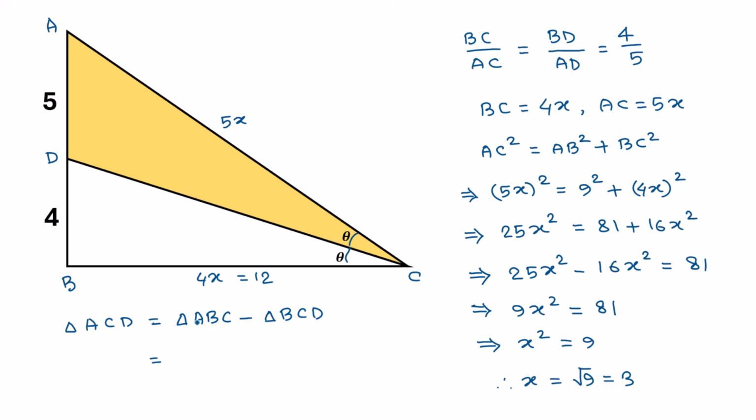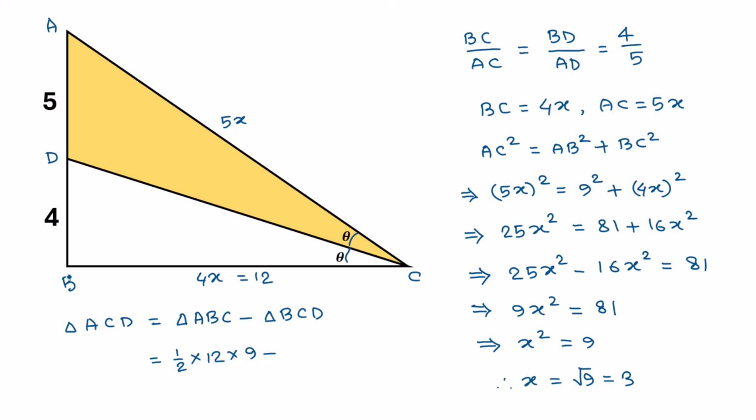This is equal to the area of triangle ABC. This area will be half times base times height. So half times the base of triangle ABC, which is 12 units, times the height of triangle ABC, which is 5 plus 4, 9 units, minus the area of triangle BCD.